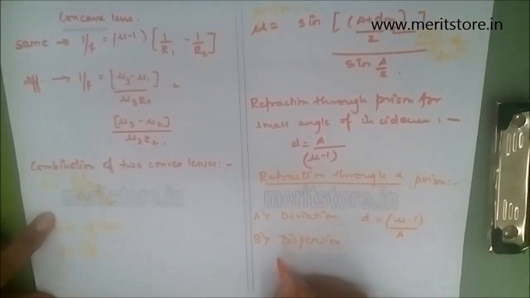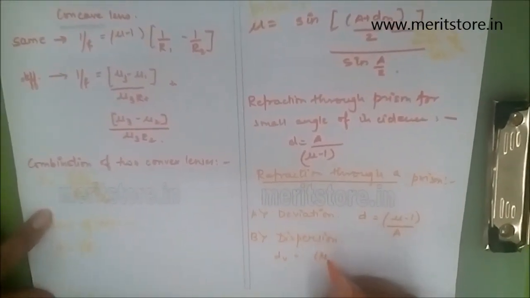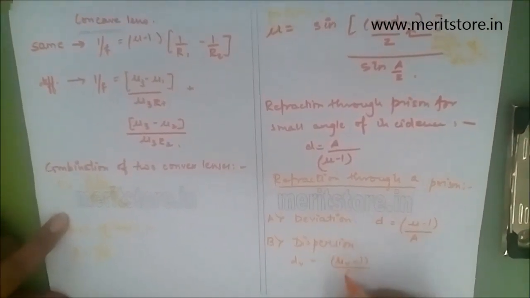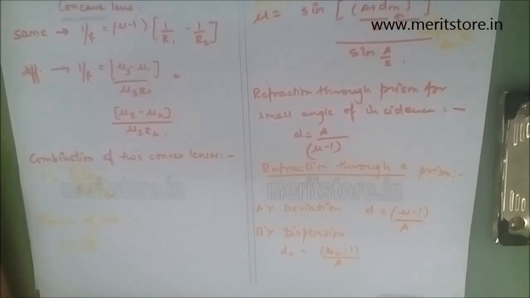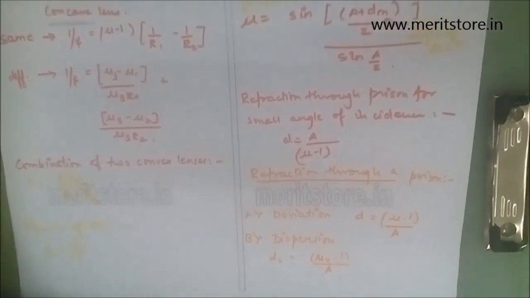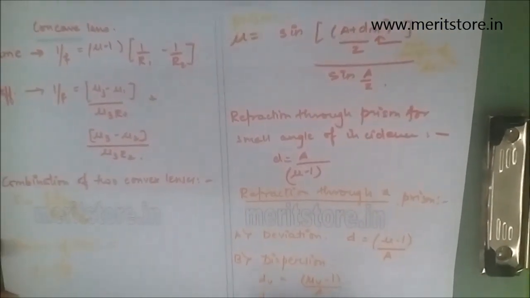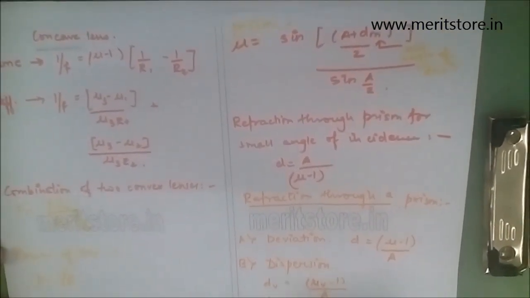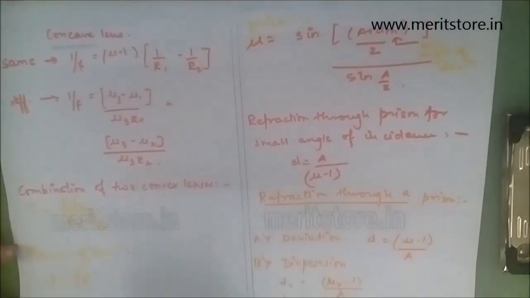It is given as... here dv is deviation for violet and dr is deviation for the red color.